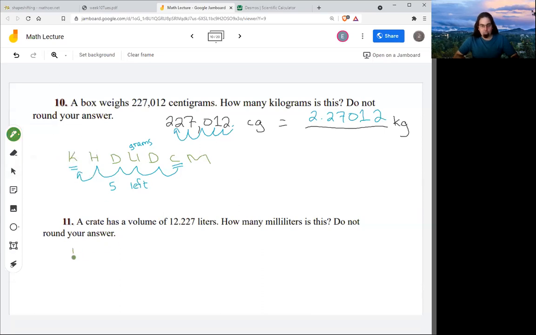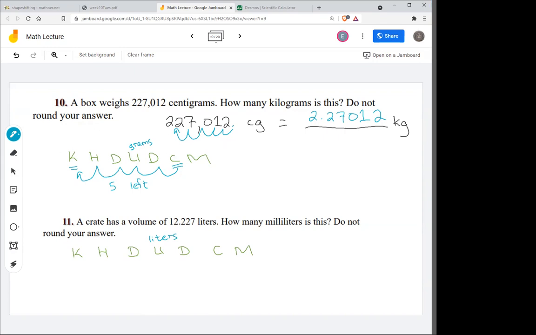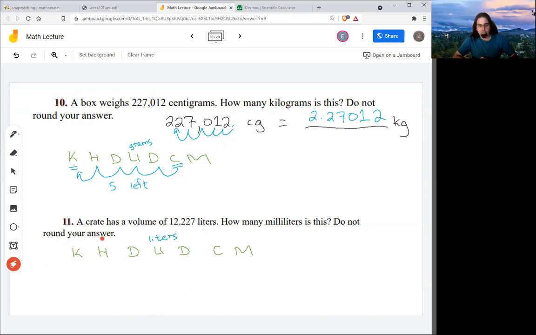How about 11? What did people get? Three scoots to the right. We're starting at plain liters. The U for plain unit.